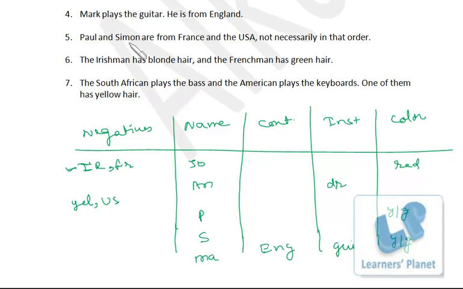Now Paul and Simon are from France and US, not necessarily in that order. Paul and Simon, France and US. I'm sorry, I just wrote it at the wrong place.